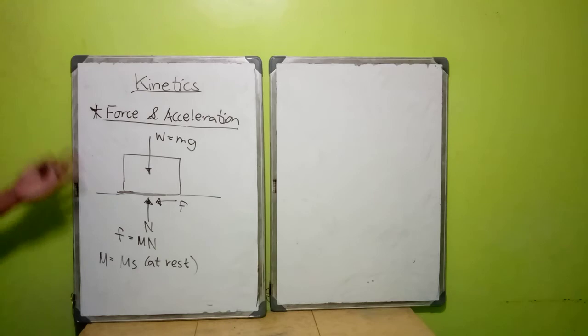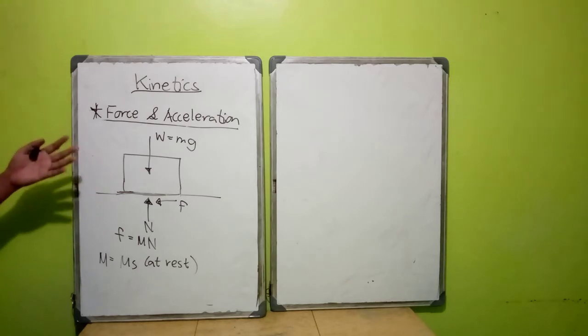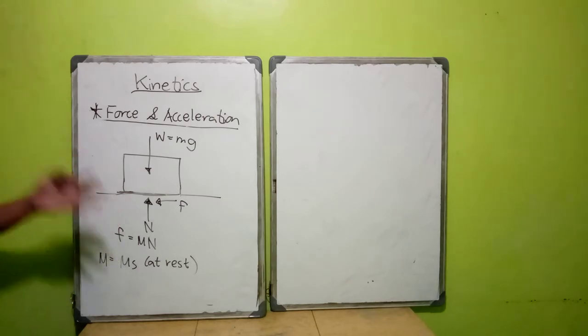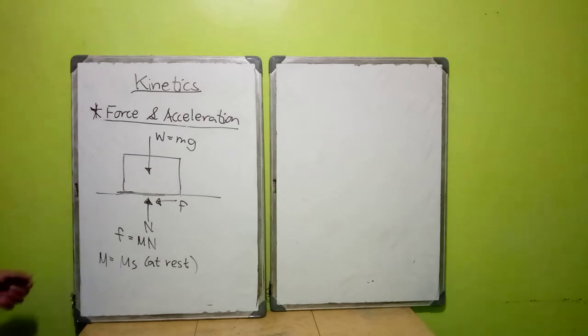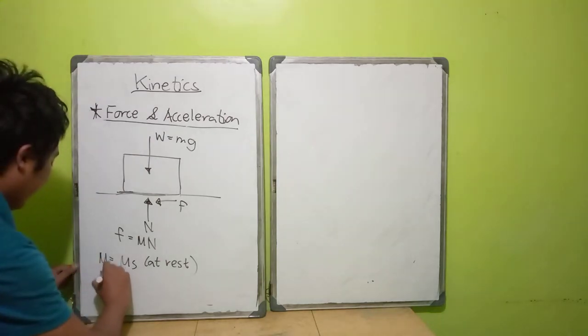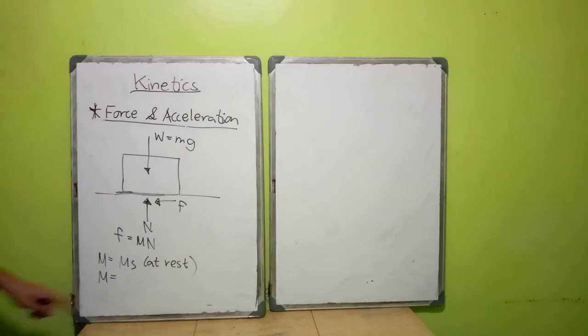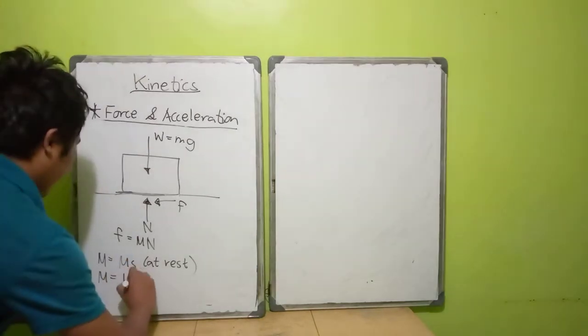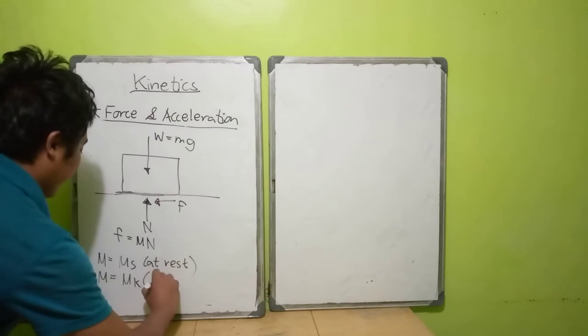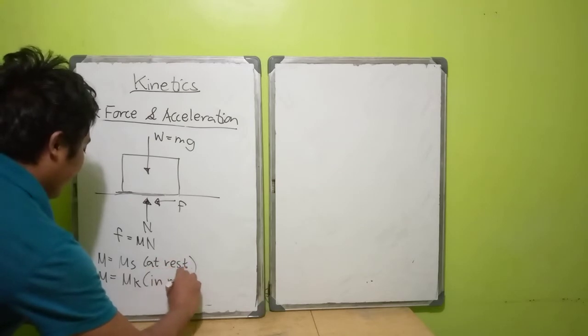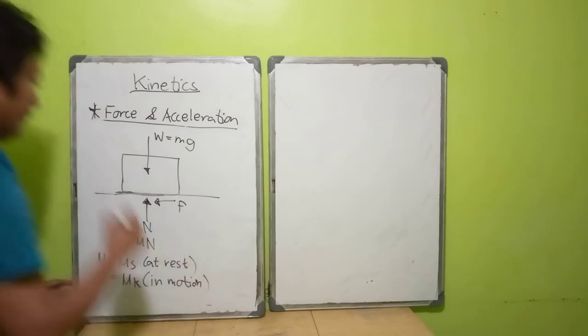But this time we will explain whether we will use summation of forces equal to 0 or summation of forces equal to mass times acceleration. Remember, the coefficient of friction is equal to mu k when in motion. So it will have two different values.